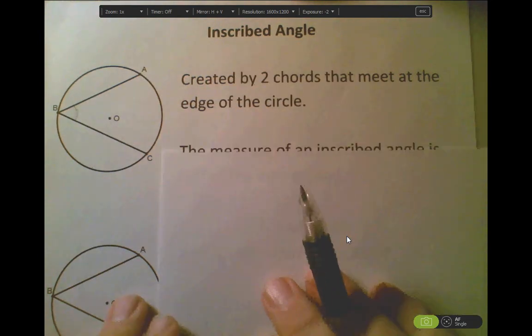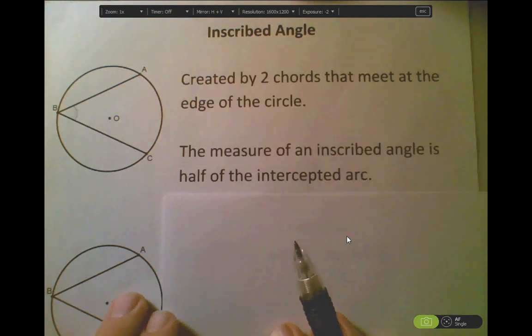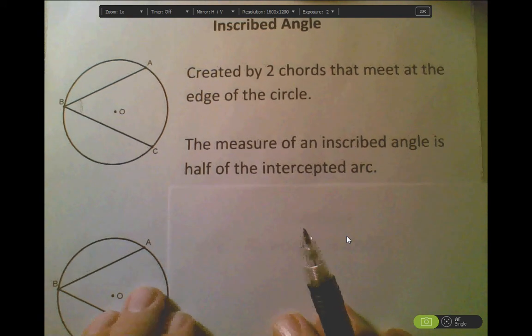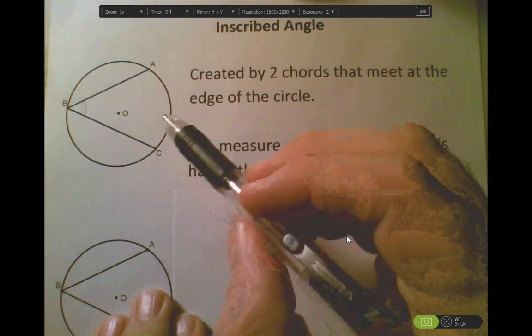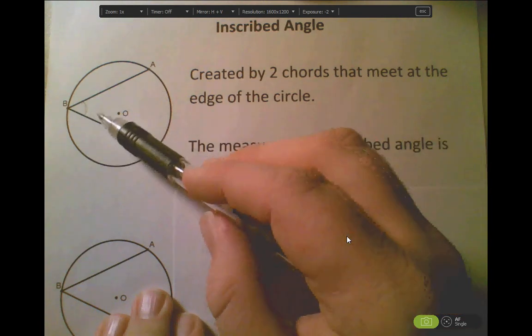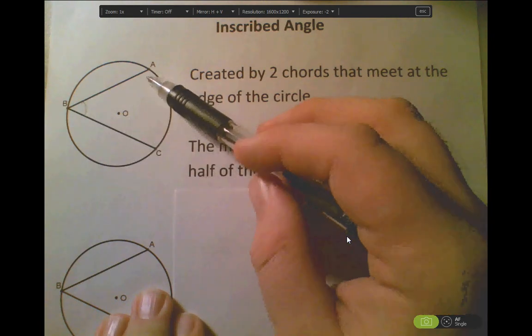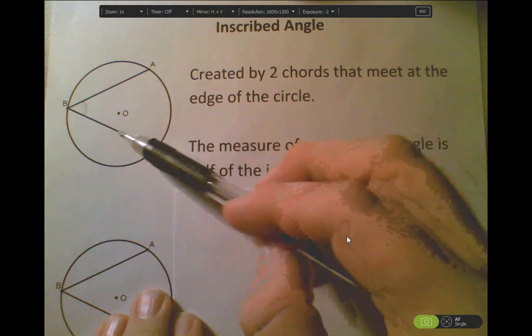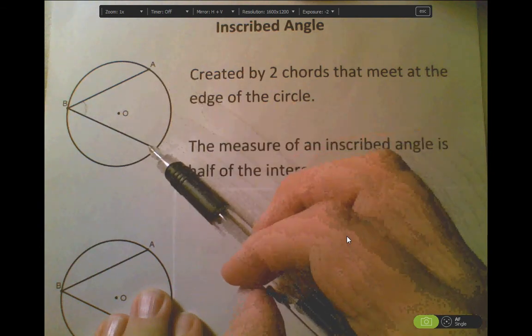The measure of an inscribed angle is half of the intercepted arc. This angle ABC is an inscribed angle, and it's intercepting arc AC.